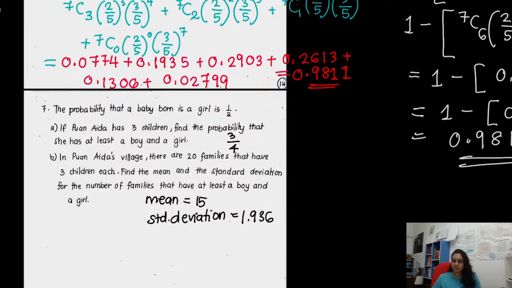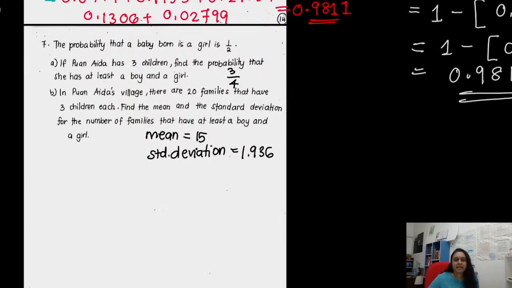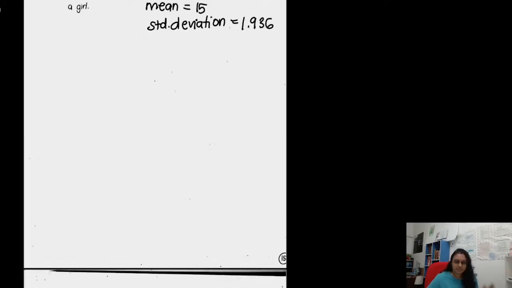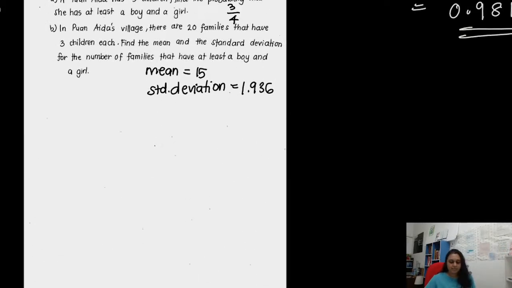Actually, we finished already. 5.2 dah habis. Okay, we finished already. And there is actually more questions behind. But teacher just would like to, I'll stop until here. Because what y'all should do right now, okay, this is what teacher suggests now from 5 student. You have your revision book, right?